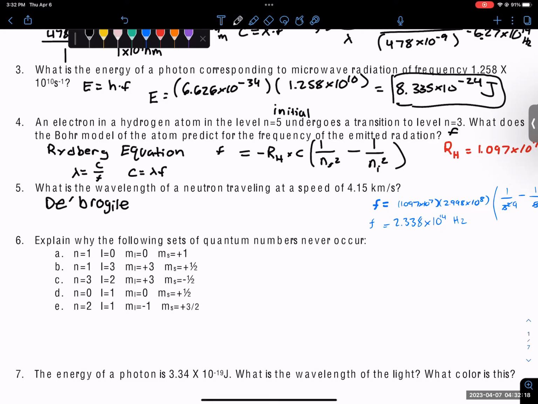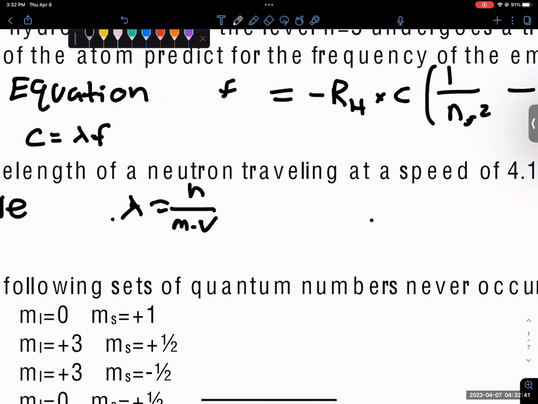So it's this equation, the de Broglie wavelength equation, which is lambda equals Planck's constant divided by the mass and the velocity. Using this equation, try to solve this problem.